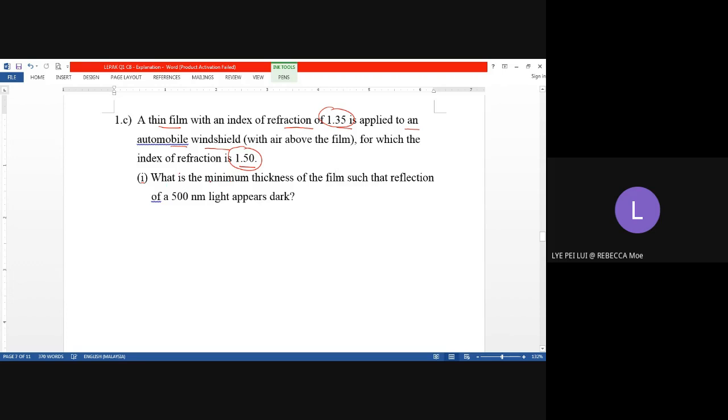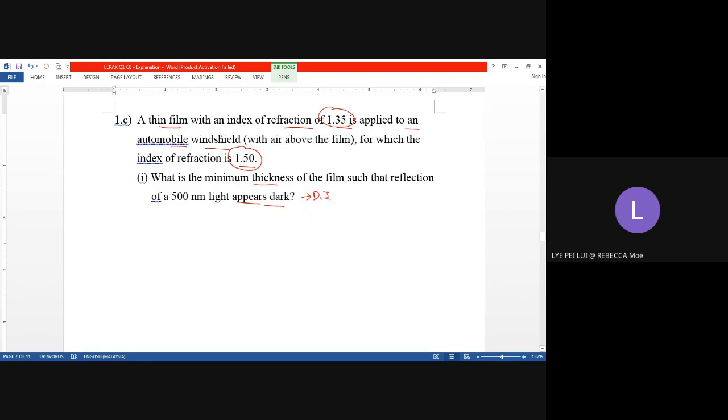C1. What is the minimum thickness of the film such that reflection of wavelength 500 nanometer light appears to be dark? Right, this one refers to destructive interference because it appears to be dark.